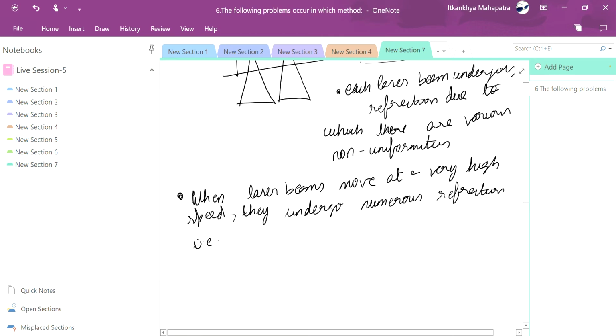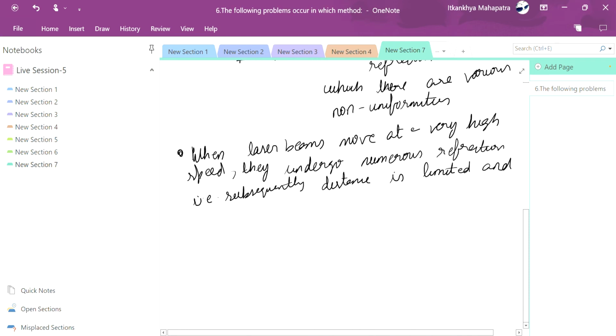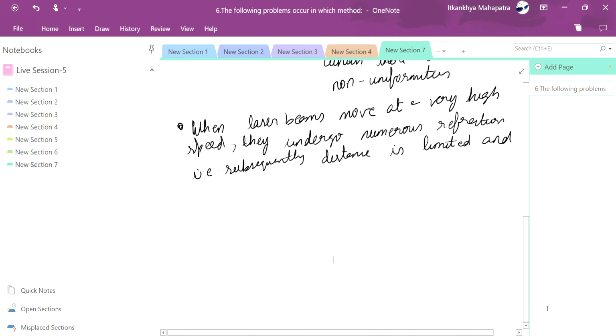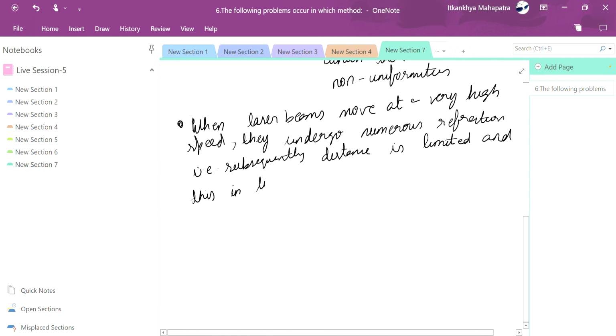Subsequently, distance is limited, and this in turn limits the size of the part that can be made by this method.